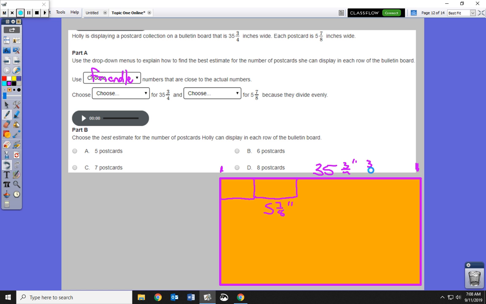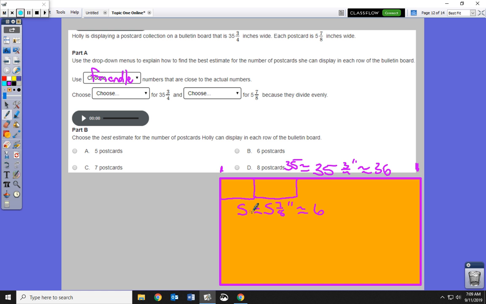It can either be approximately 36, or I could say it's approximately 35. I could round it down. Now, the postcards, say they're approximately 6 inches. I could also say they're approximately 5 inches.